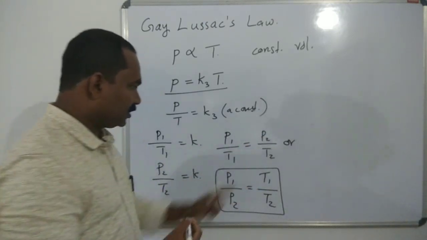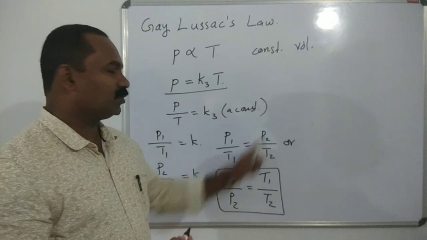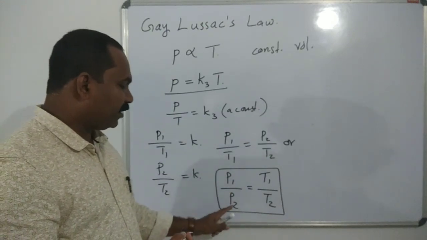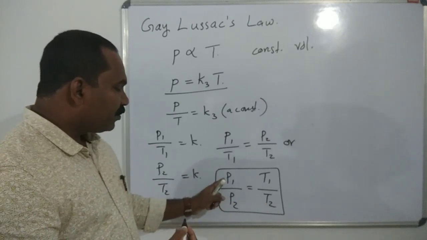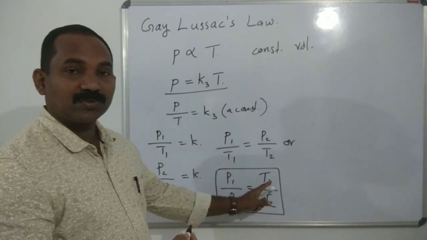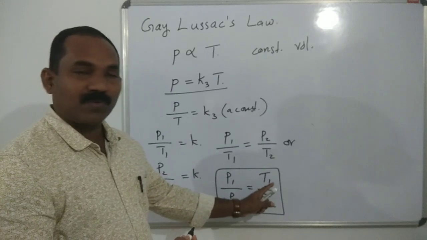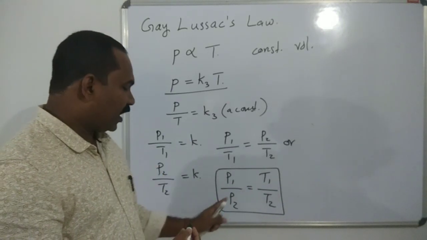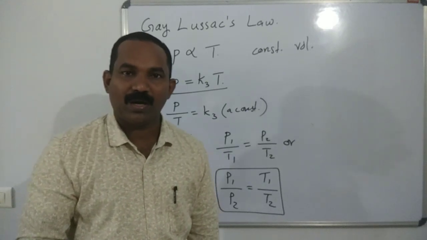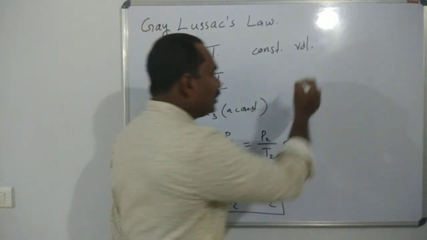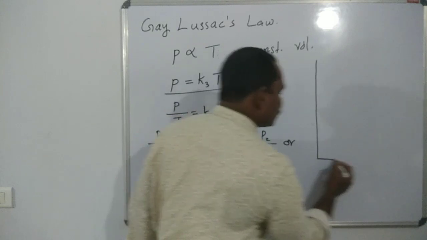Rearranging the equation, P2 comes here, T1 goes to the right-hand side: P1 by P2 is equal to T1 by T2. That is, P is directly proportional to temperature: P1 to T1 and P2 to T2. Are you clear?